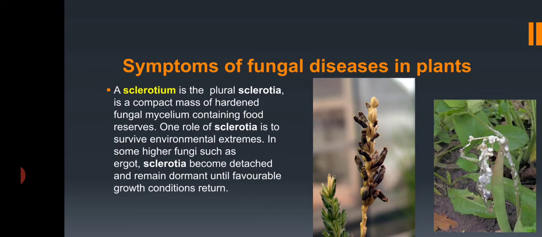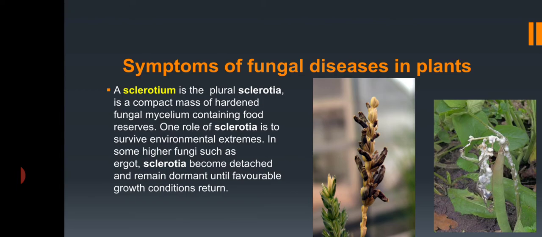Okay. And one role of sclerotia is to survive environmental extremes. Suppose that fungus is facing an adverse climatic condition, it turns into a dried mass of sclerotia. So, as a result it is able to withstand the climatic changes.